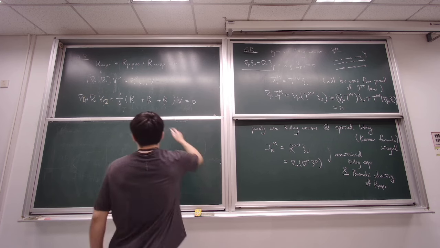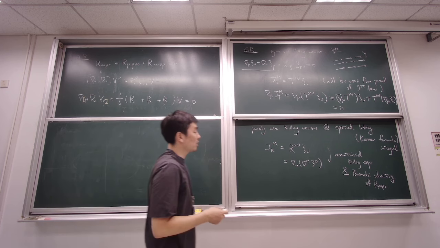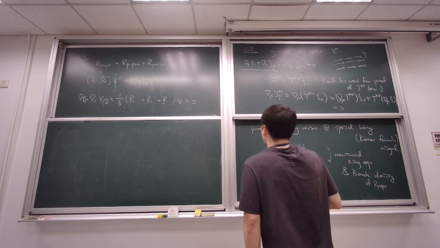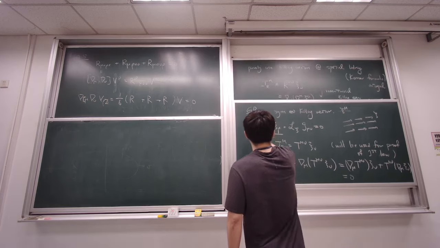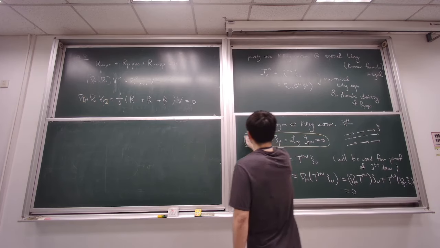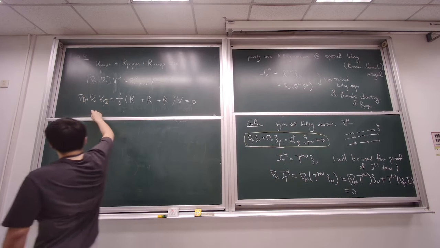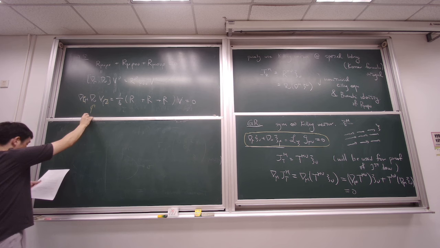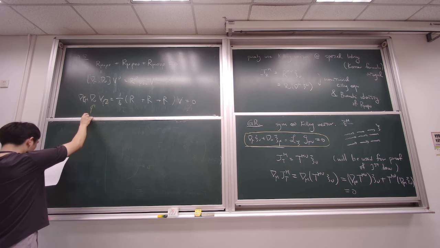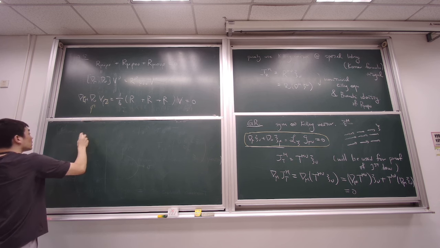I'm not going to write down the indices. It's kind of messy. Then use this Killing equation, applying it many times on the left-hand side. At the end of the day you will get the following equation.